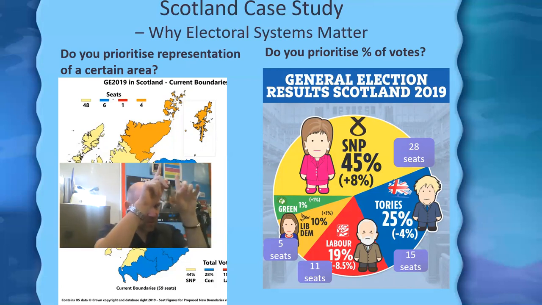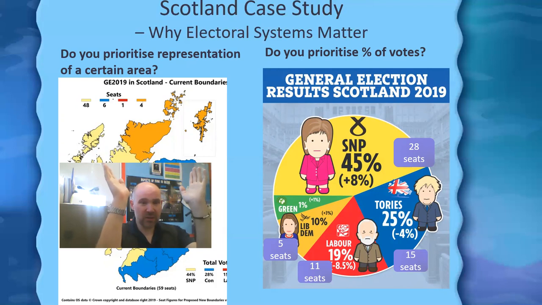But if you do it this way, look at how dominating the SNP are. The SNP get 48%. That's huge. I think it's like 80% of the seats or something like that. I should probably have checked the maths before putting this video together. But you can see here very clearly the difference that the electoral system makes. If you prioritize representation for an area, the SNP shoot up.